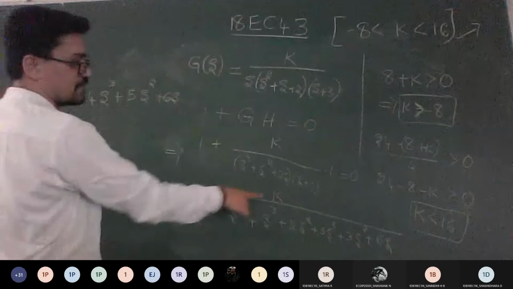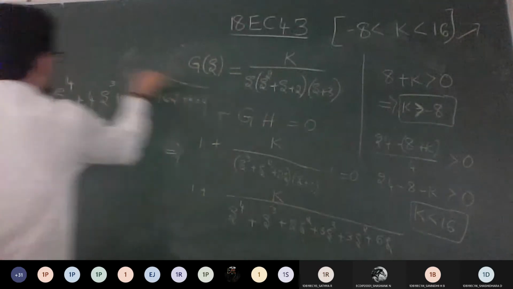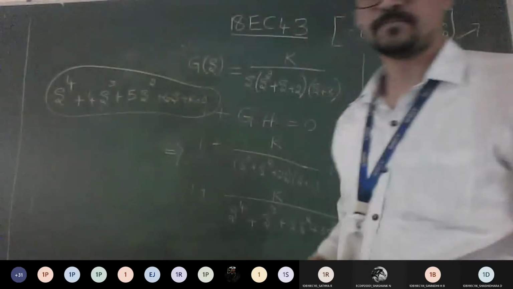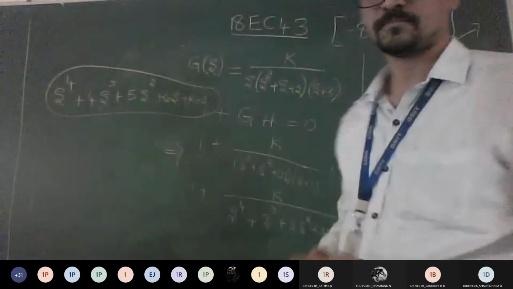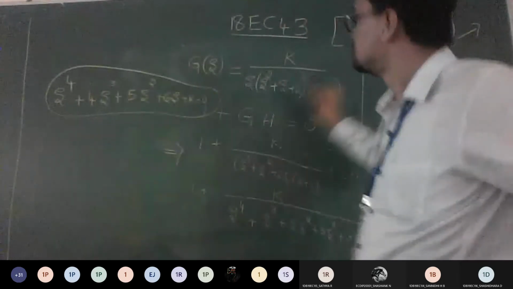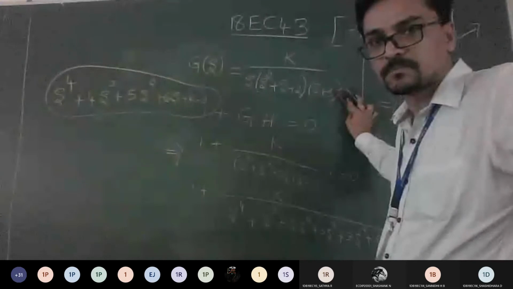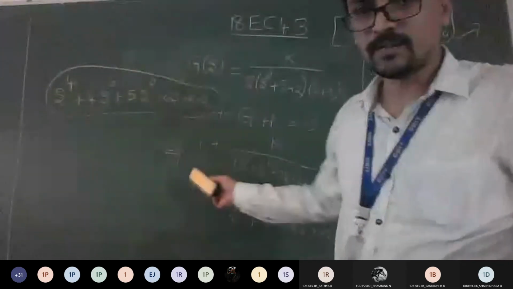So here it is going to be plus k equal to 0. Just check what I wrote. Is it correct, guys? Everyone? Any doubts, anyone, till here?